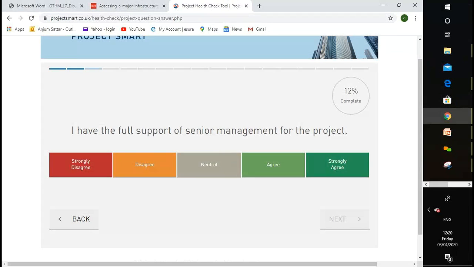And I have full support of senior management. Do you always have full support, or sometimes not? Not all the time, so neutral. Okay, next. Benefits of the project are understood and documented. Whatever project the company launches, they explain it to you and you understood. Agree.